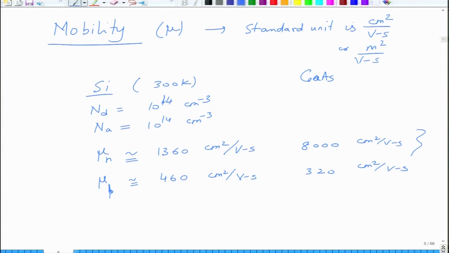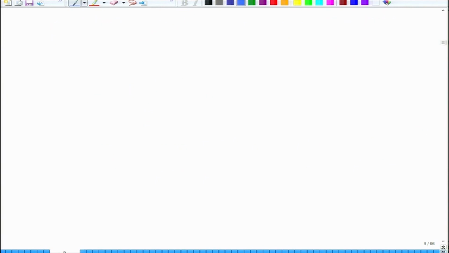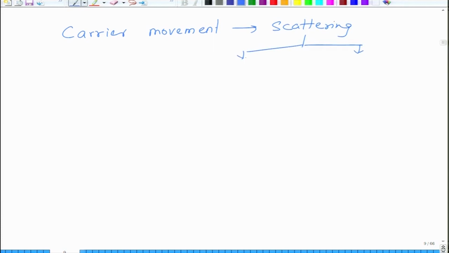Since the carrier movement undergoes scattering, this scattering could be because of lattice vibrations, which is called thermal scattering, and then you have impurities, because you have dopants. They also cause the carriers to scatter.